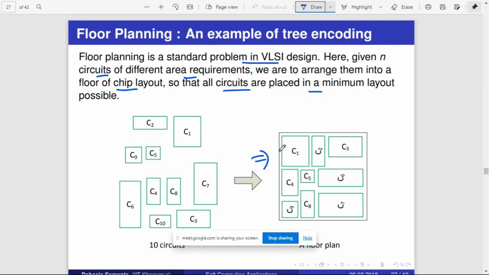For example, this is one way of arranging. So this can be represented using tree encoding technique. That's what we are going to discuss, but we will see that in the next class. So these are the 4 encoding schemes: binary encoding, real encoding, order encoding, and tree encoding.